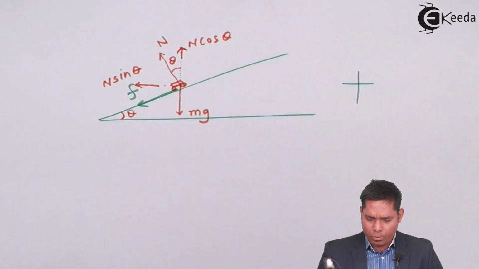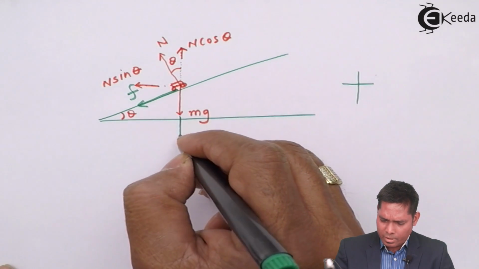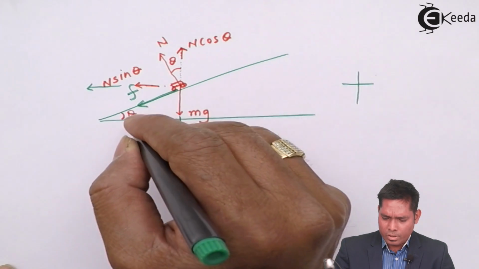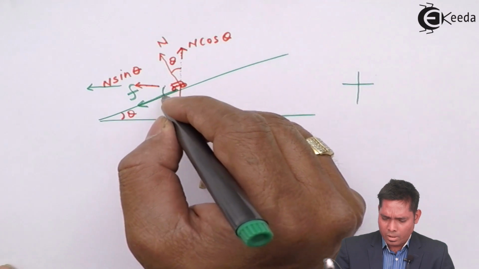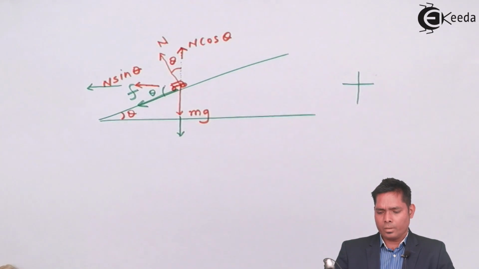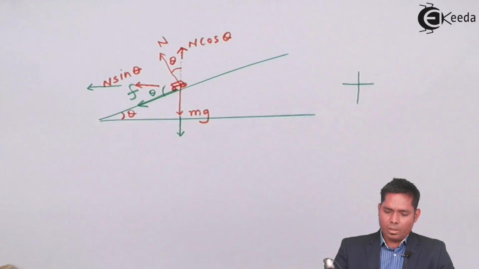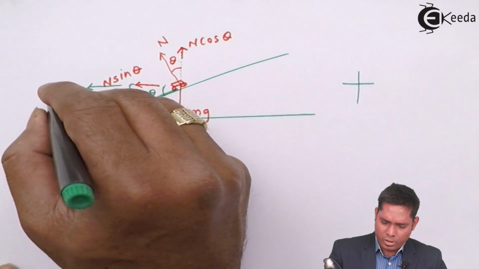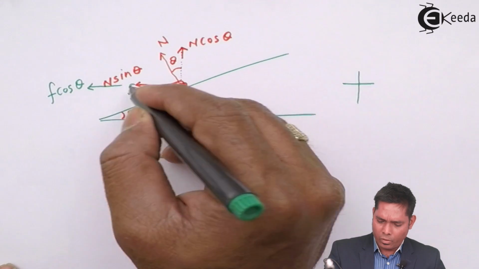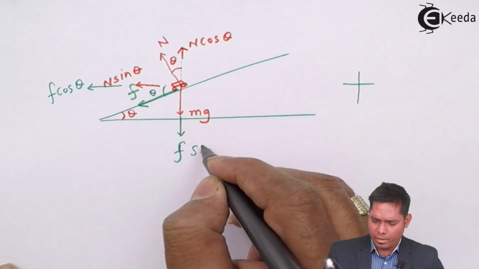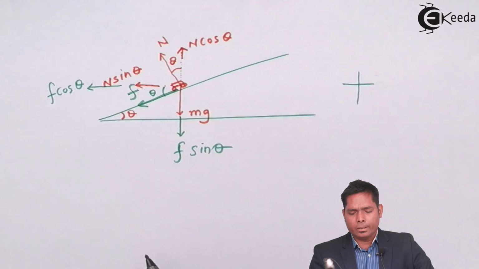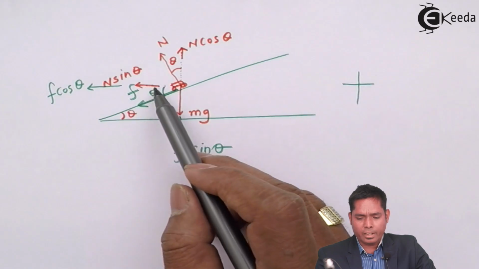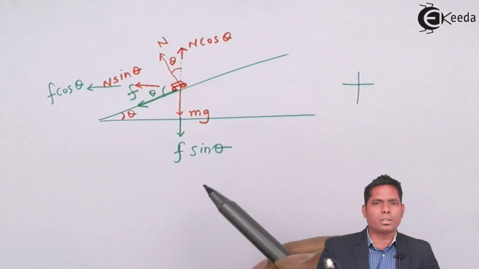If this angle is theta, then this is also theta, so this component is f cos theta and the other component will be f sin theta. This is known to you: if this is a vector and this angle is theta, its component along the side containing theta is cos, so it is f cos theta. The other one is f sin theta.